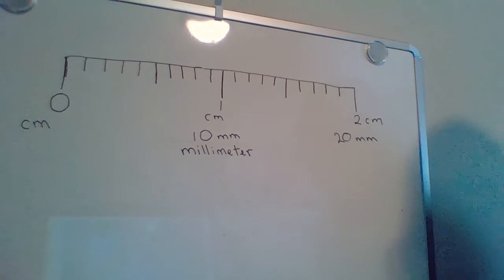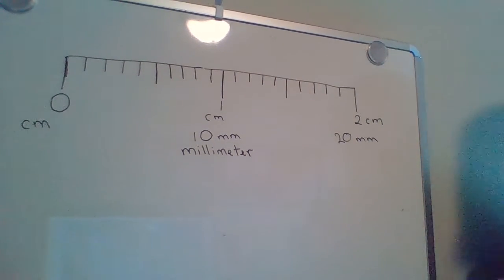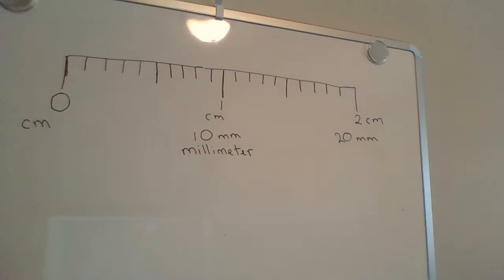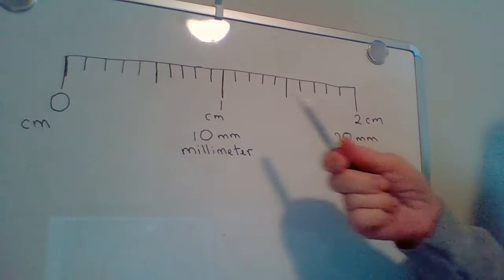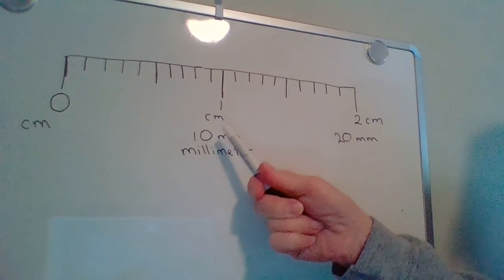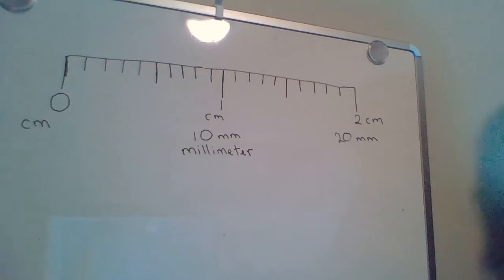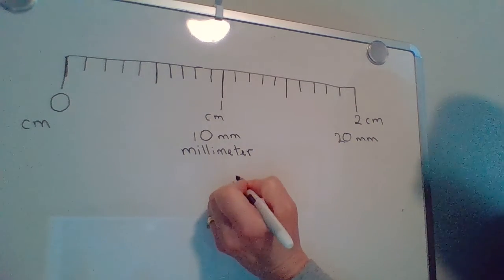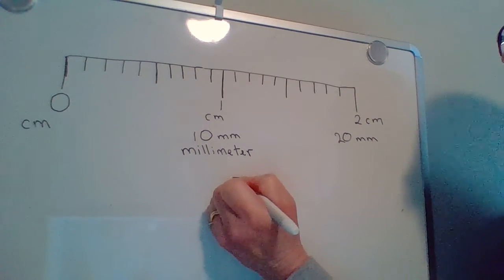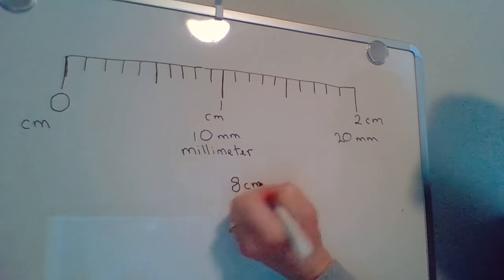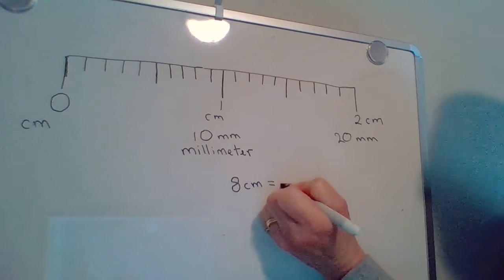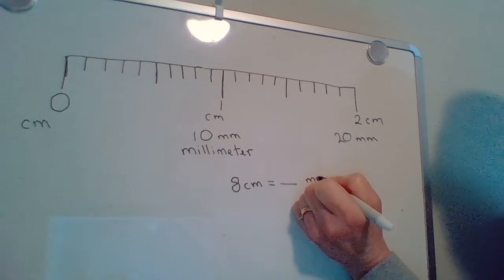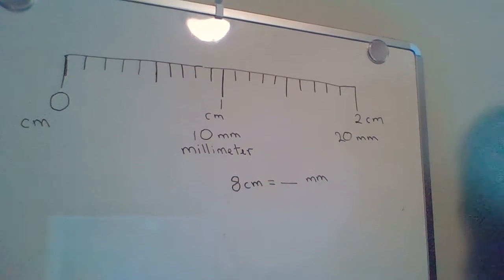So how many lines do you think there are from the beginning of the ruler to 8 centimeters? Okay, well, we can do that by simply, all right, so if we had 1 is 10, my question is how many millimeters, I can't say that word, how many millimeters is the same as 8 centimeters?